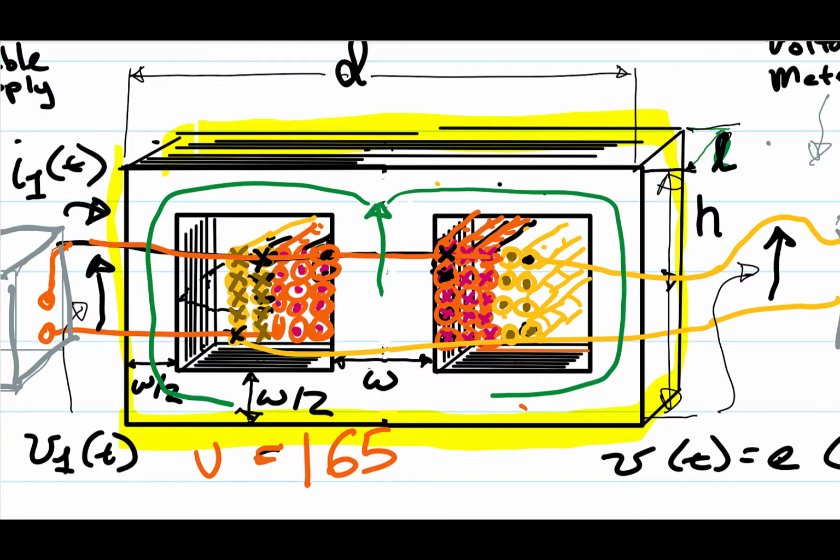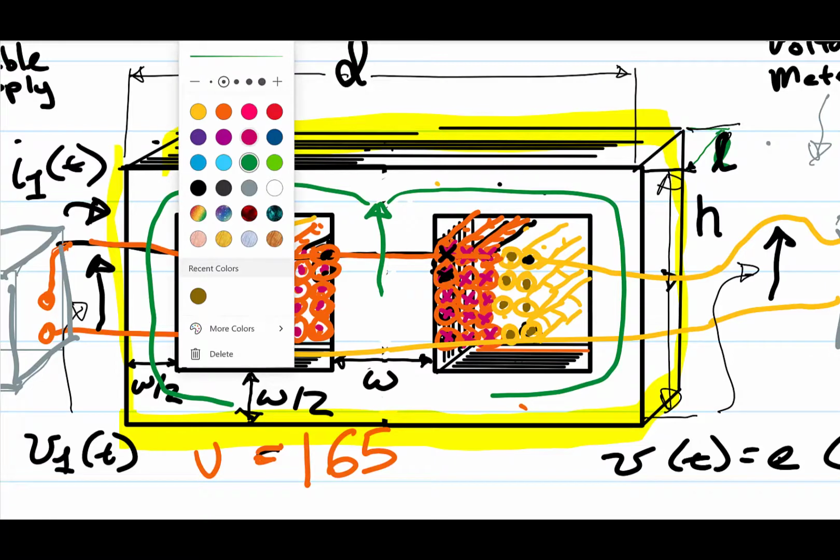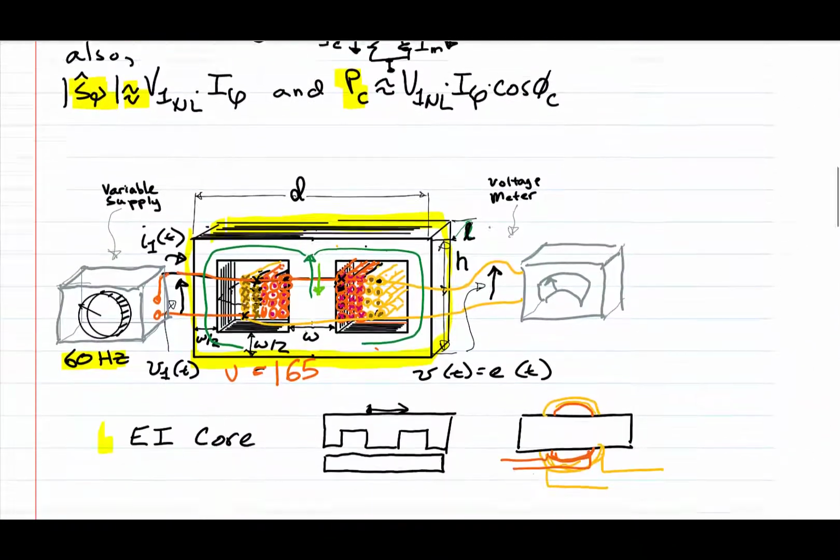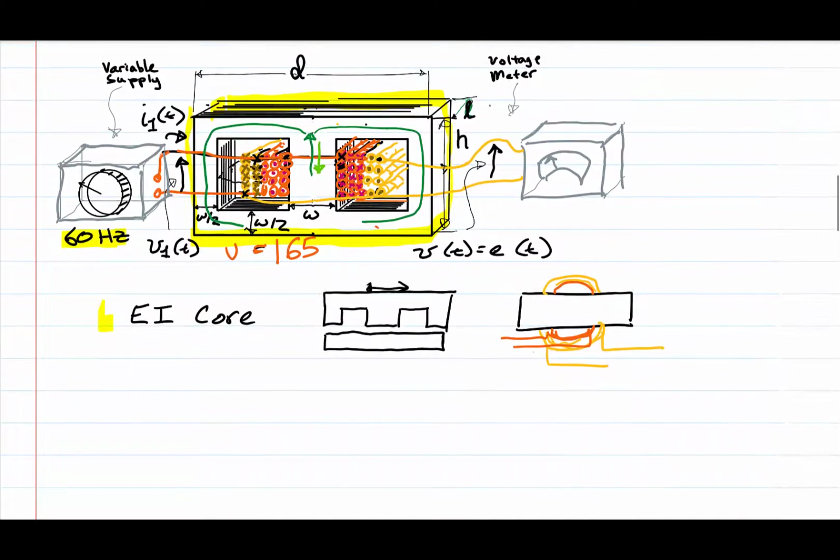The result of that would be to create an opposing flux in the other direction from the secondary windings. Just wanted to make that clear to everybody first.